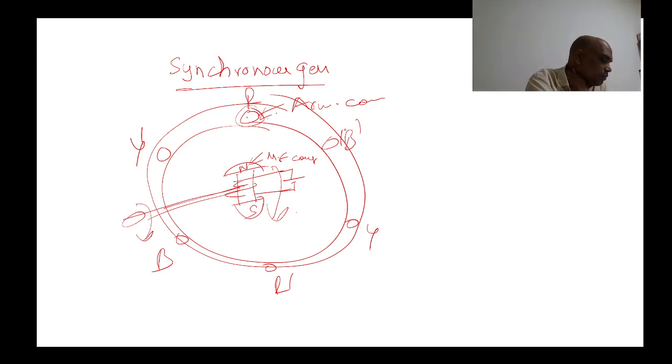So first a large EMF is induced here, after that here, after that here. In a synchronous generator, the rotating magnetic field cuts the conductor, so that EMF is induced in the armature conductors.